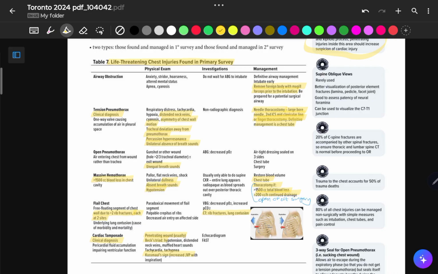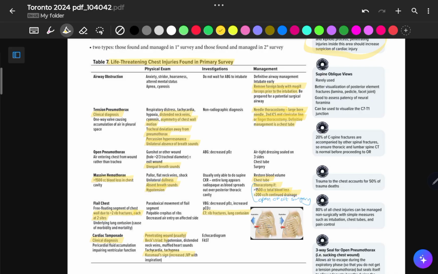It's usually due to gunshot injury, and you find unequal breath sounds. You can do your ABG. So how would you manage an open pneumothorax?